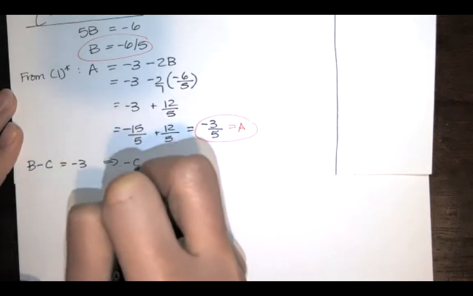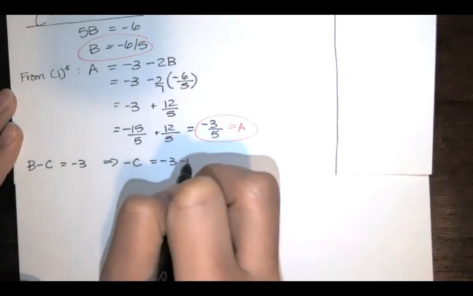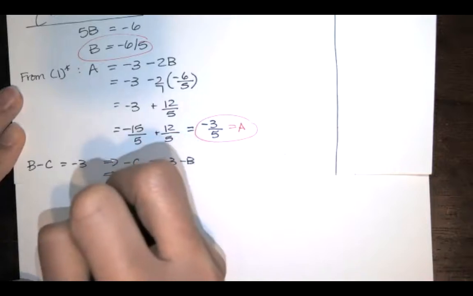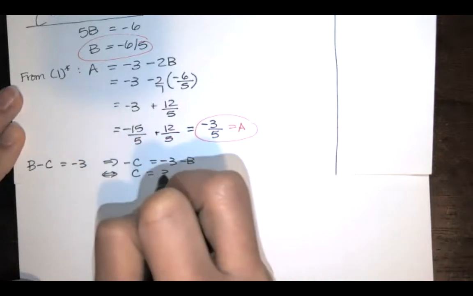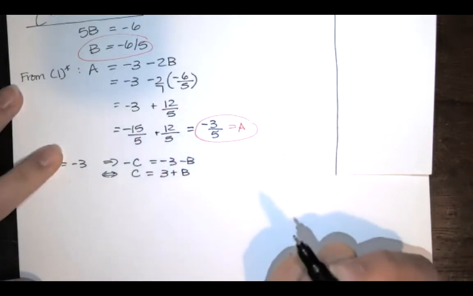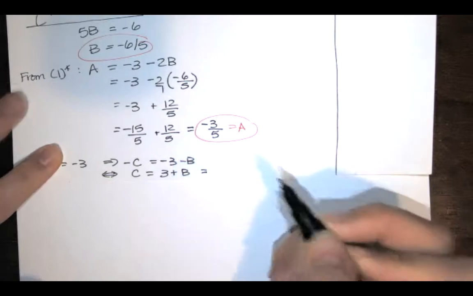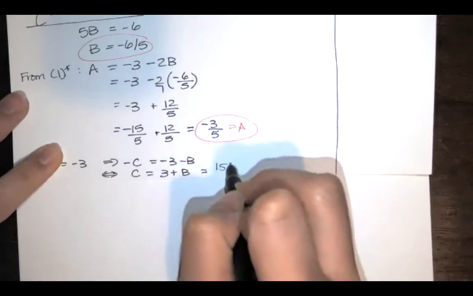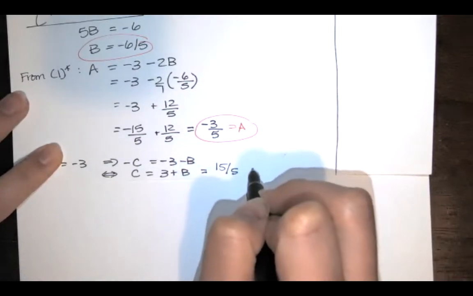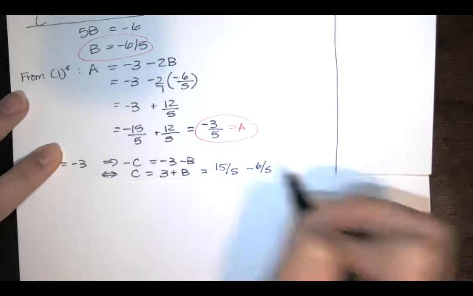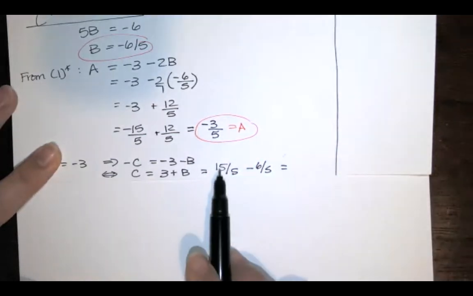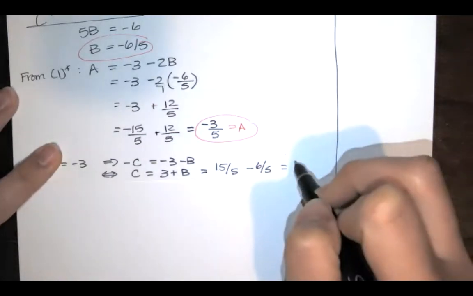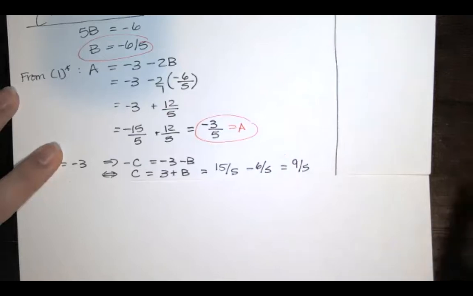So that means that negative c equals negative 3 minus b. If we multiply both sides by negative 1, we get 3 plus b is equal to c. So we've got 3, which is 15 over 5, plus b, which is negative 6 over 5. So c will be 15 minus 6, which is 9, divided by 5.